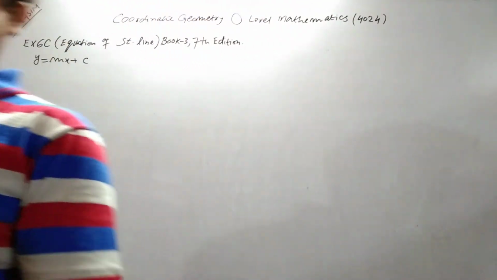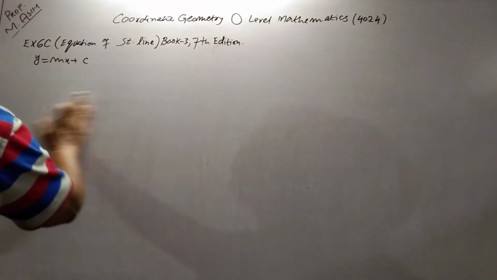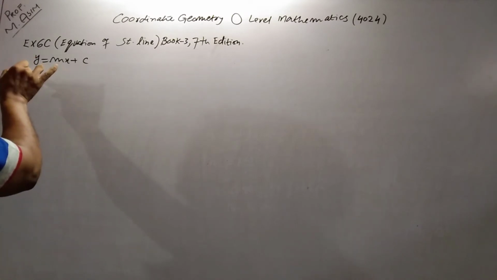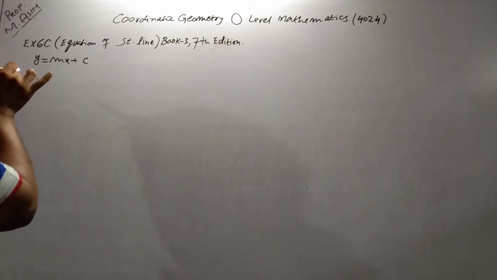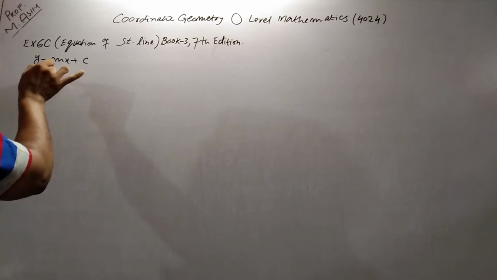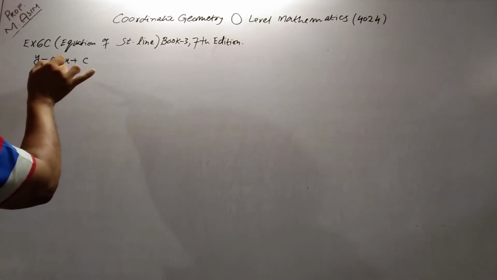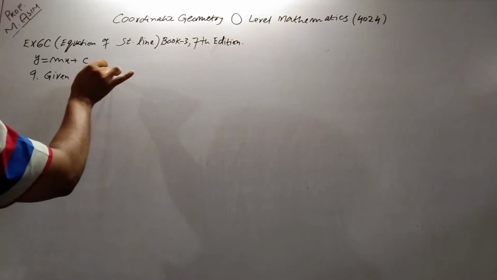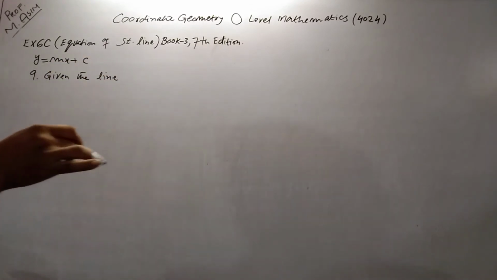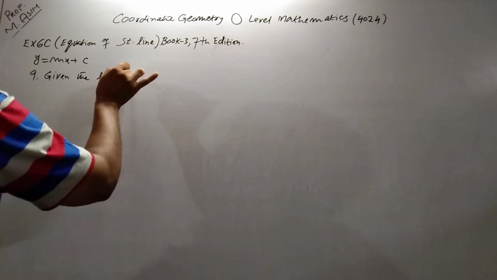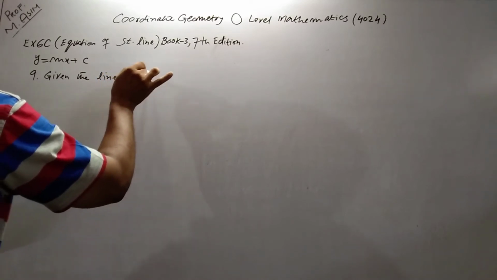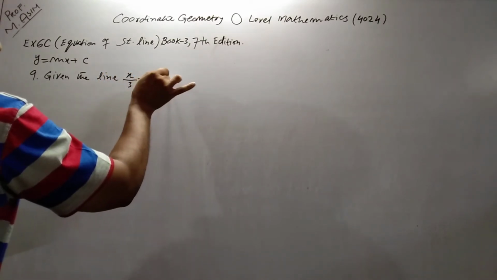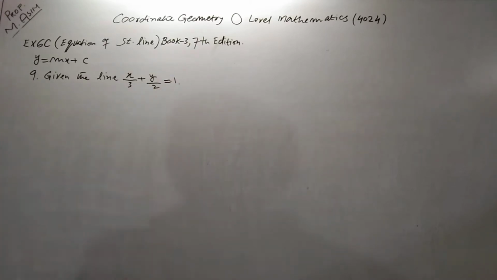Question number 9 is, given the line x upon 3 plus y upon 2 is equal to 1.